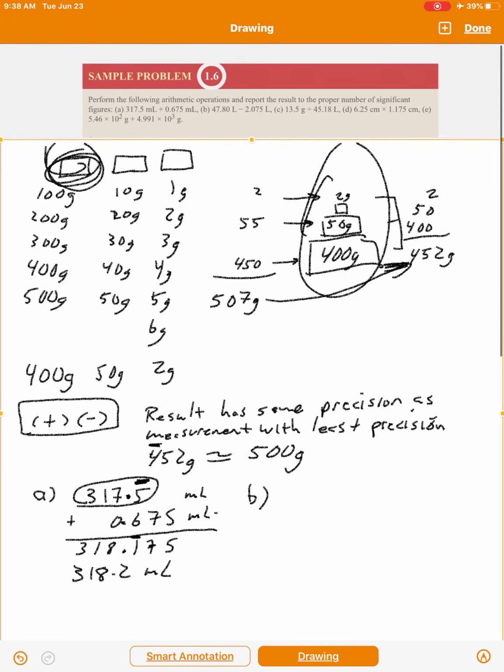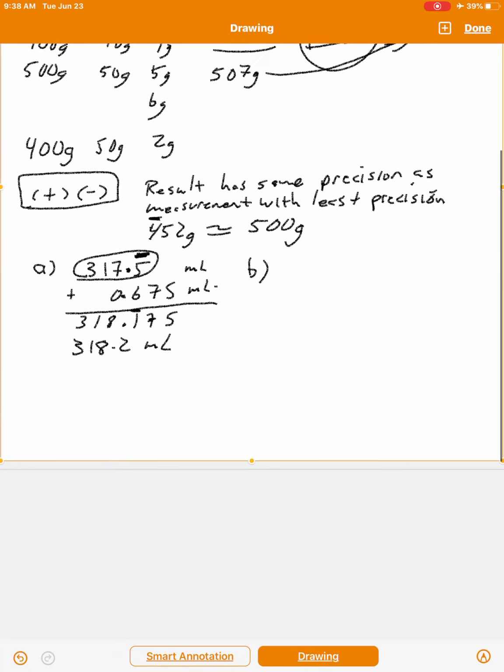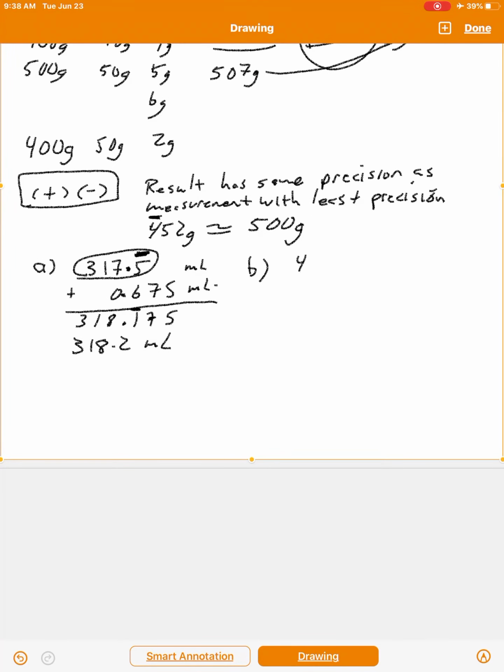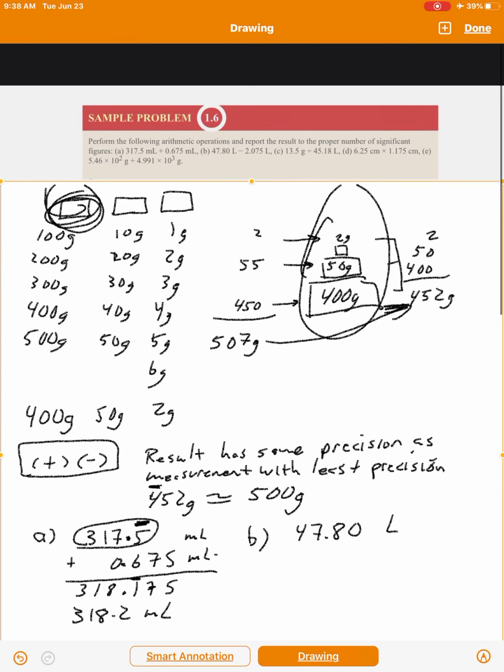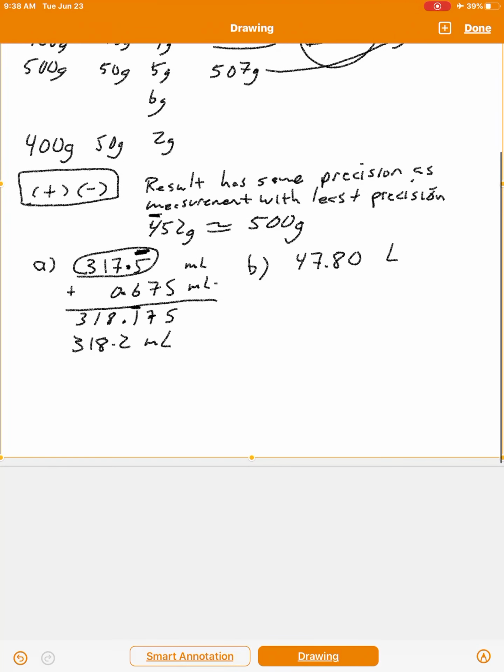So let's try B. B is 47.80 minus 2.075. Again, addition and subtraction is always done the same way. Just go ahead, line up the decimal points, and then just do the arithmetic.